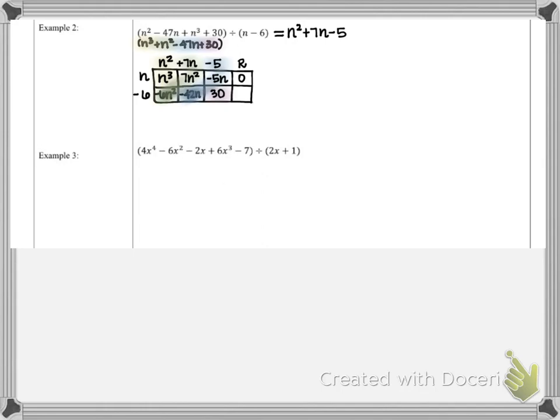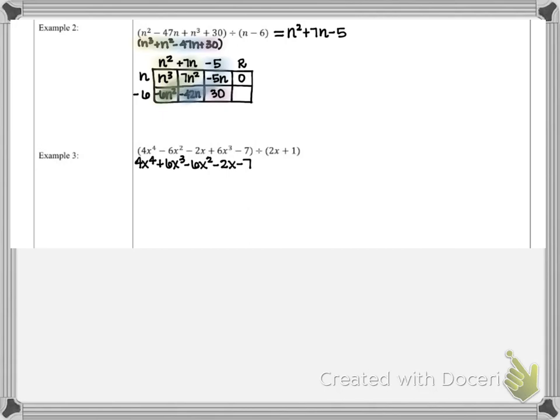So I'm going to reorganize this because it doesn't look like it's in order. The biggest exponent comes first: 4x to the 4th. The next exponent is 6x cubed. Next one is negative 6x squared. Then my x. Then my constant.